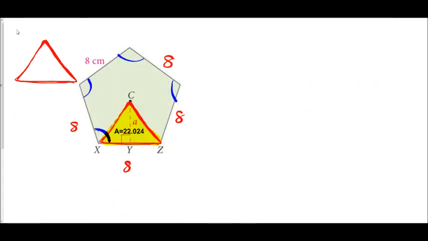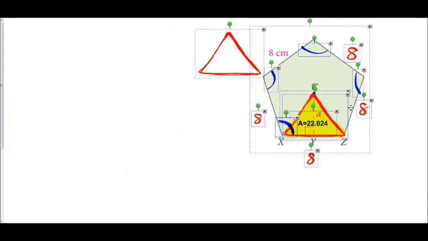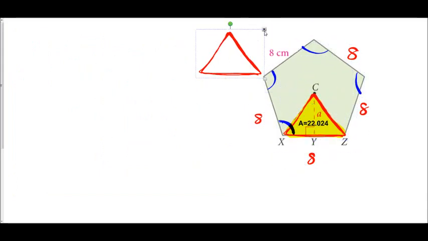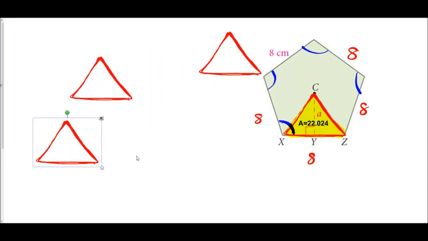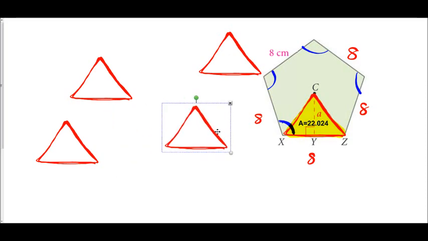Okay, so here's what we were looking at, right? So we know that that yellow part is 22.024. I'm going to make a bunch of these triangles. Okay. And then the question becomes, how does this fit into the whole grand scheme of things?